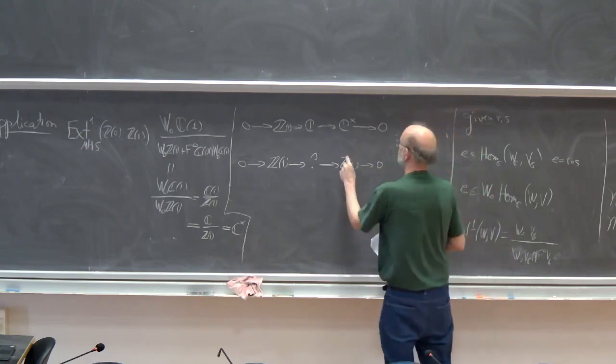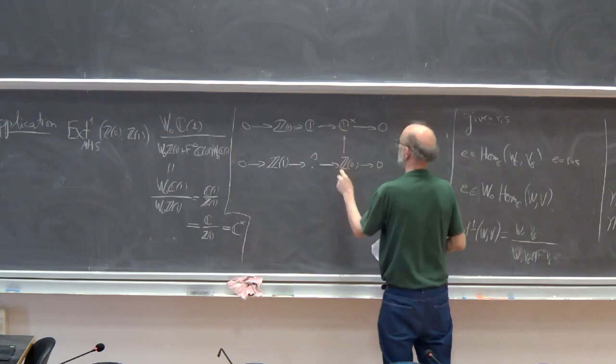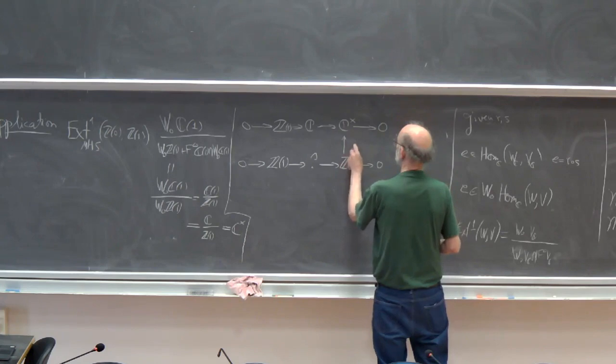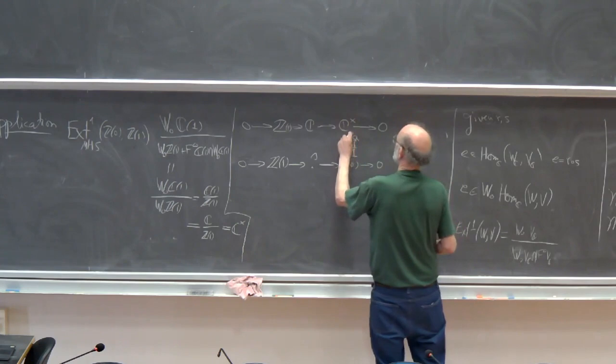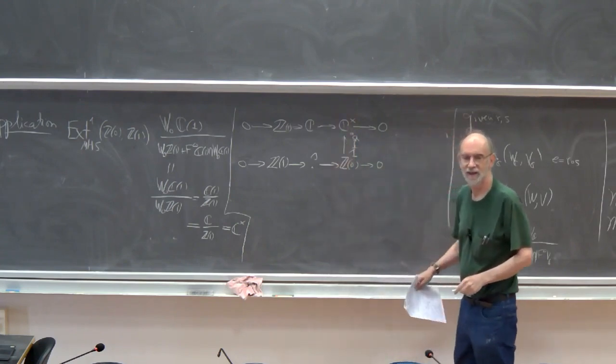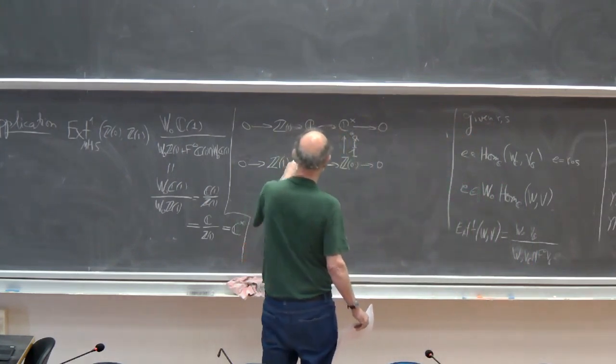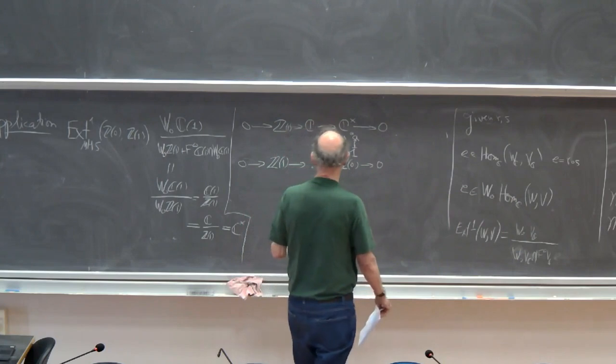So here on the Z structure, I can give myself a map which sends 1 to some element, call it A, in here. Right? So now what you can do is take the fiber product.